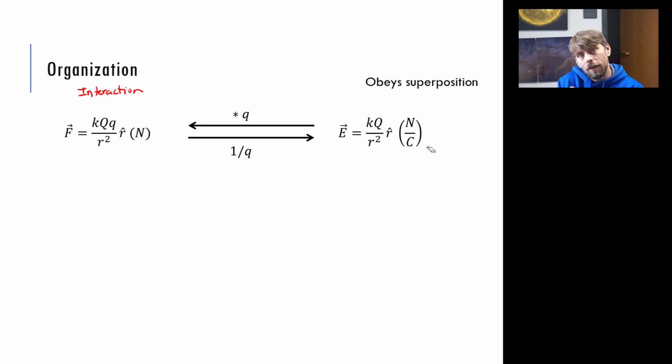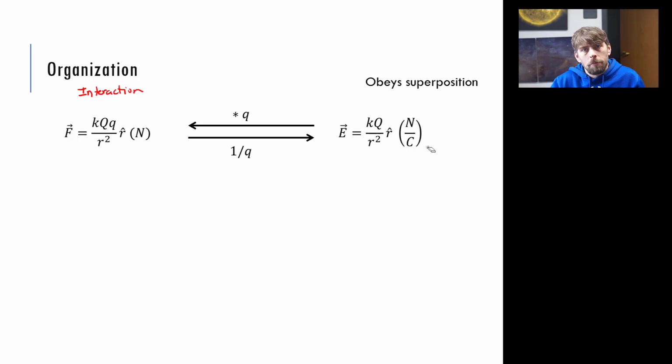So if I have a particular charge and I double it, it produces double the electric field. We'll have to explain what I mean by double. But you can use charges to determine how much electric field there is, or you can count up how much electric field there is to figure out how much charge is present. So it's a one-to-one relationship, which is kind of cool.